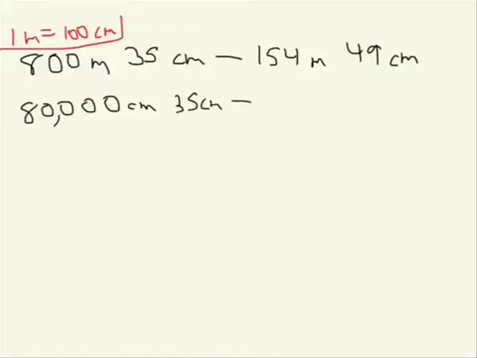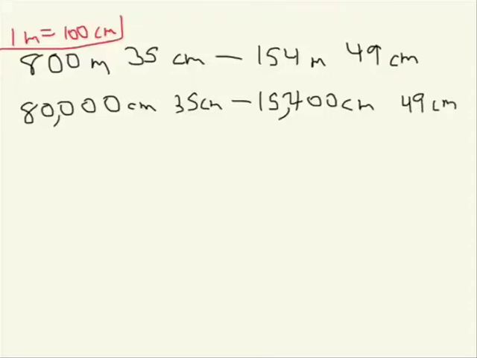Minus 154 meters, which if I take 154, multiply that by 100, I'll get 15,400 centimeters. And of course I also have to remember I still have that 49 centimeters over here.